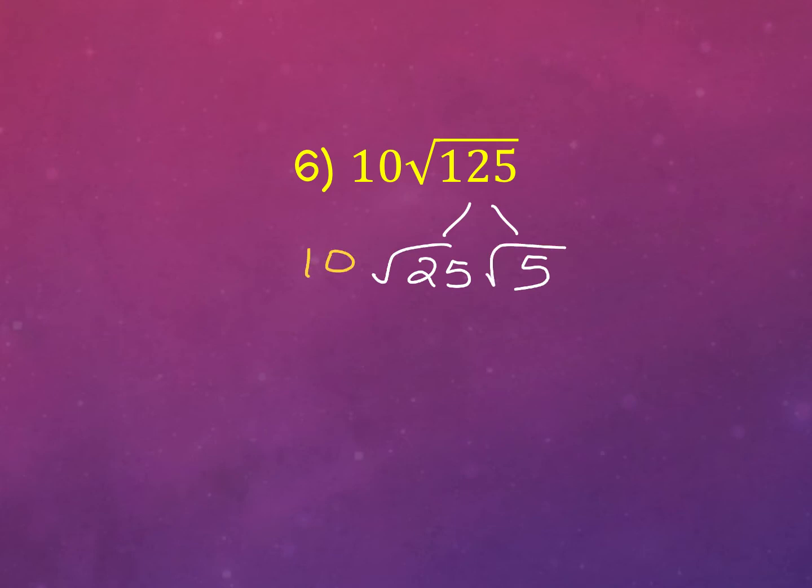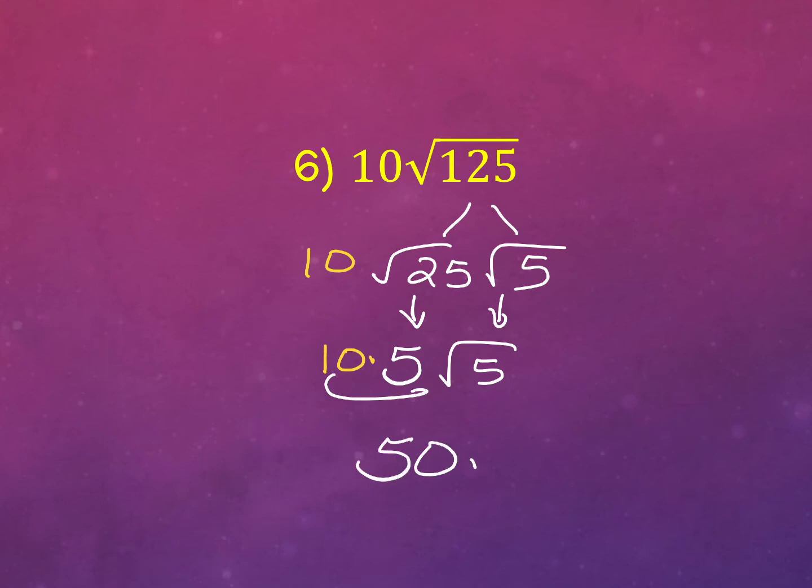So now just to show you, for those of you who are going to automatically start with the largest perfect square as a factor, I don't have to actually go all the way to prime. I could square root that 25, leave the 5, this 5 underneath, the 10 was already out, and now go back and multiply everything that came out and leave the 5 underneath.